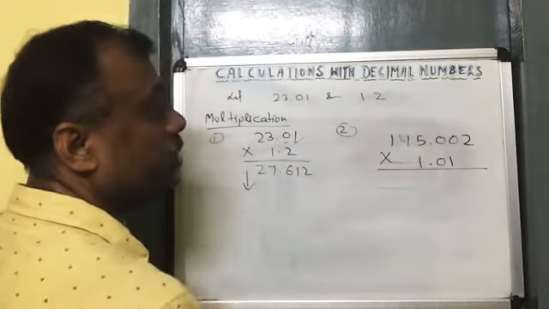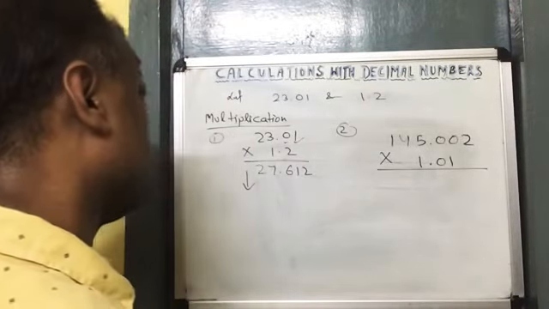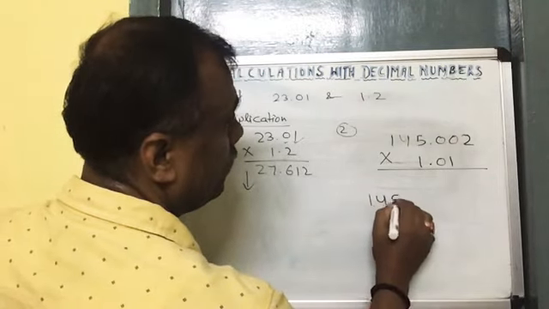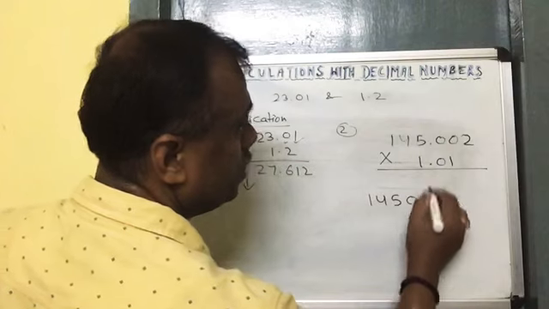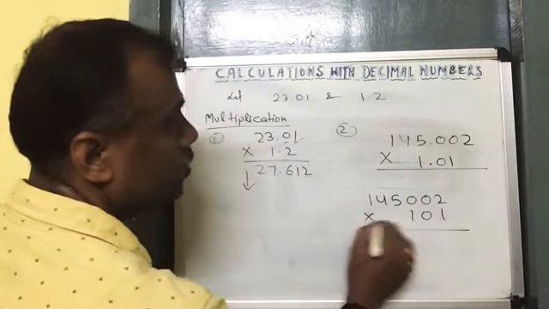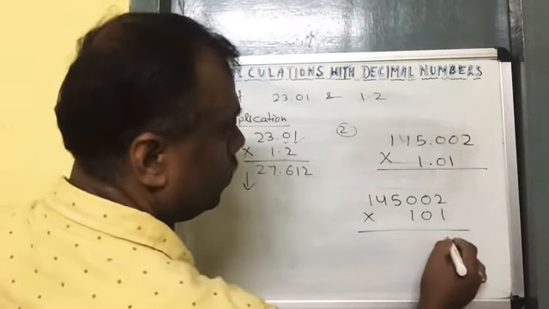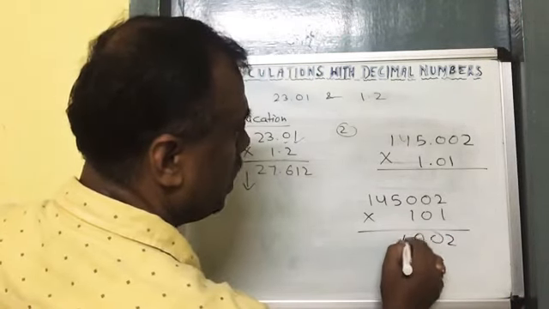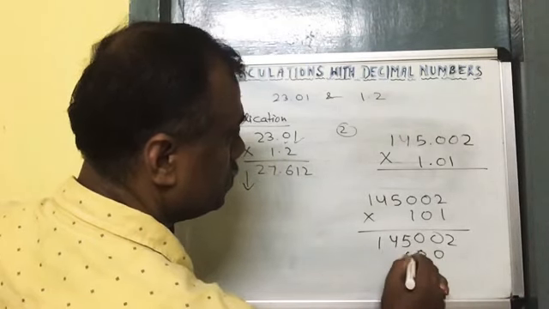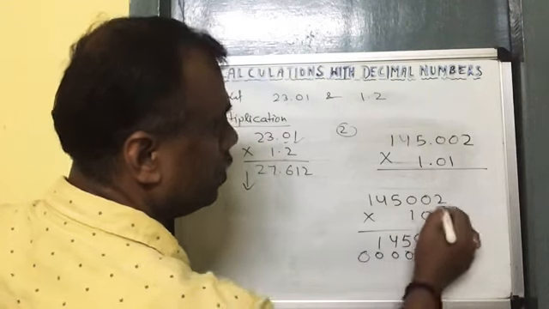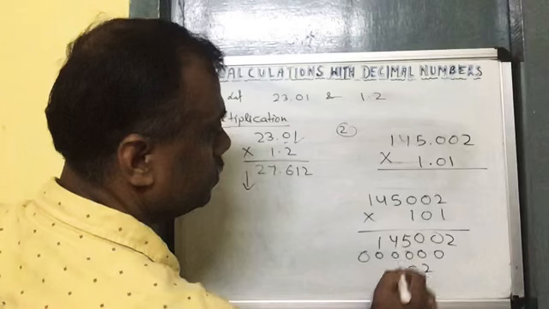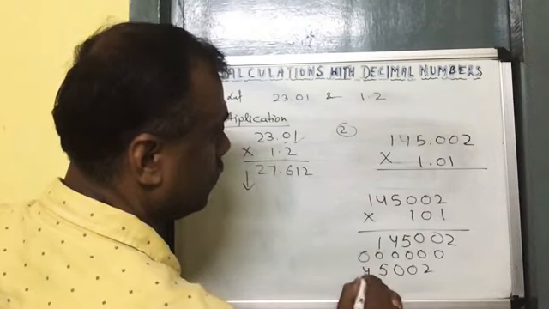Here you can use my single line multiplication method also. This looks very complicated, so what we will do, we will make it 145002, and this one is 101. First you multiply this, 20054, 1, 0, 0, 0, 0, 0, 0, 2, 0, 0, 5, 4, 1.